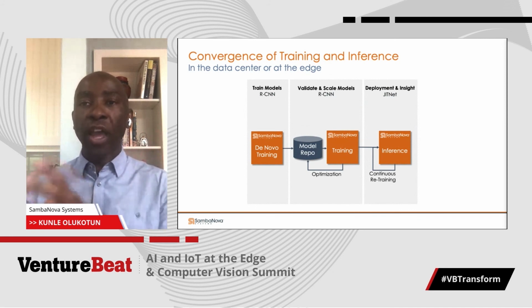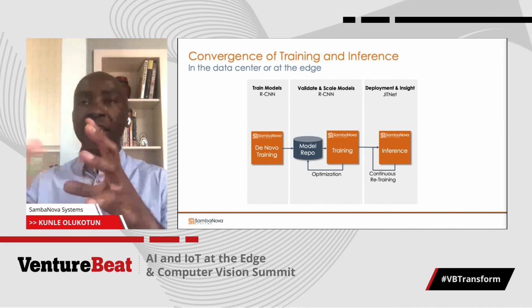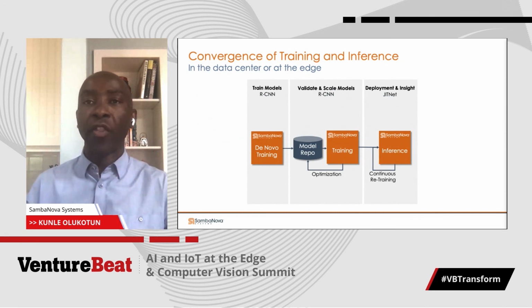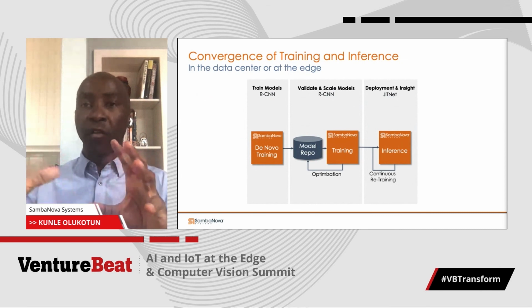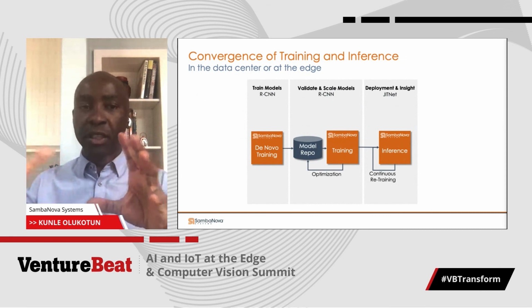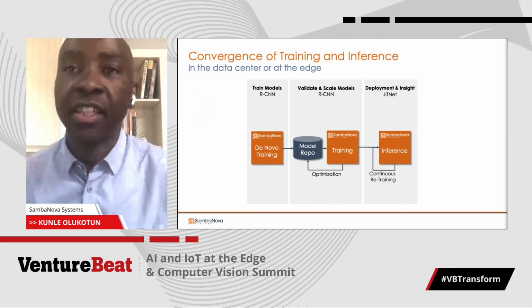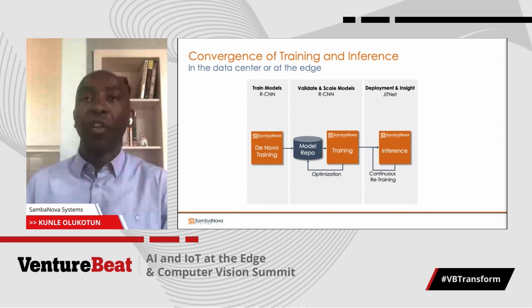And then you can deploy this model with lightweight, continuous adaptive models like JITNet, and you can continuously retrain the model to take advantage of the specific environment, and to adapt to the data that is coming from the IoT device, such as the one with the camera input.